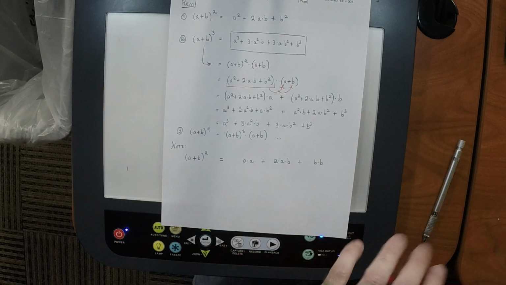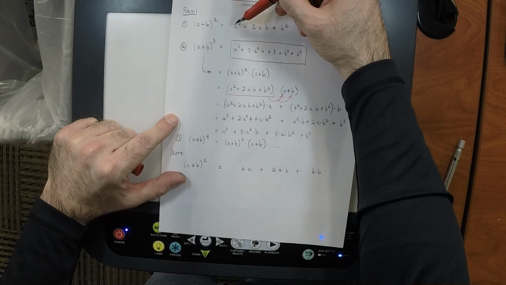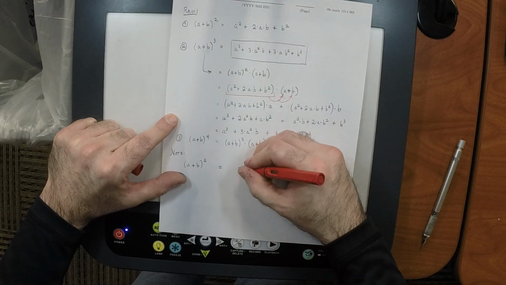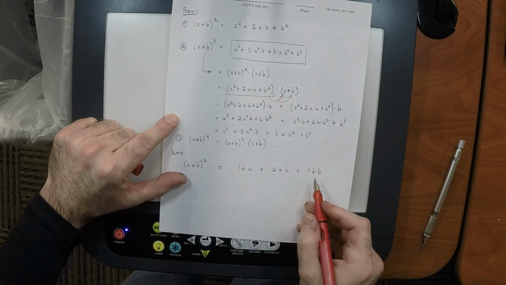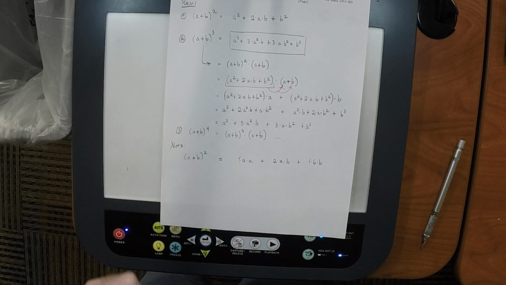And then normally, when there's just one of them, like a squared, you don't write the coefficient 1. But I'm going to go ahead and write it. One of those, two of those, one of those.